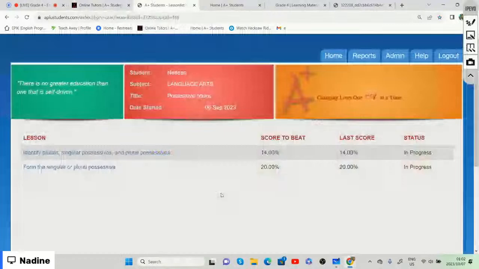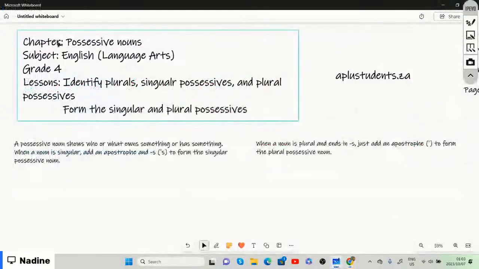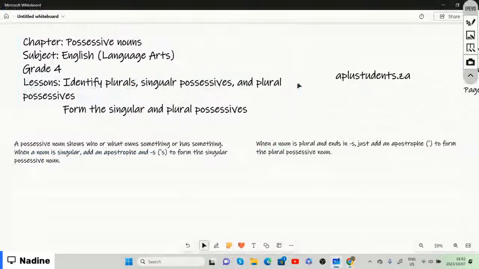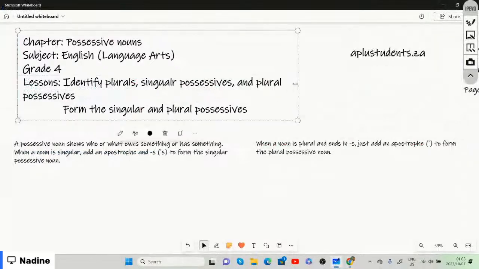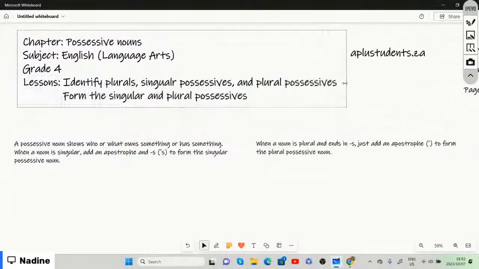All right, so we are going to be doing the chapter of possessive nouns, grade 4. The subject is English, or we can say language arts, grade 4.